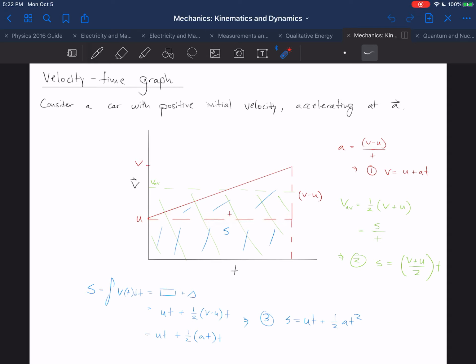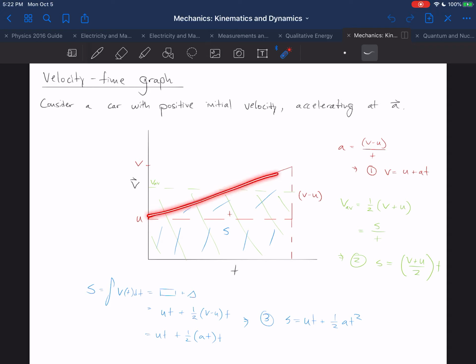And then finally, notice that by equation 1, v minus u is just equal to a times t. I then plug that into my equation, and that gives me this SUVAT equation, which says that the total displacement is equal to the initial velocity times the time interval, that's this area, plus 1/2 at squared.